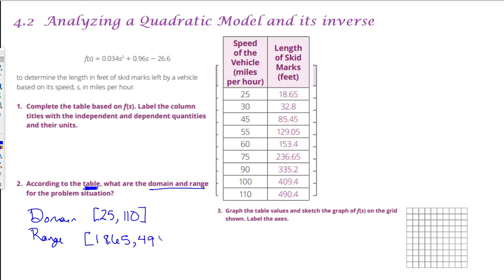So let's think about what that 490 means. There are 3 feet in every yard, and there are 100 yards in a football field. So when you're going 90 miles per hour, it's going to take you 1 football field to stop on this road surface.